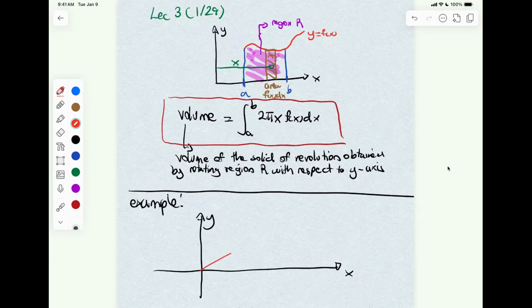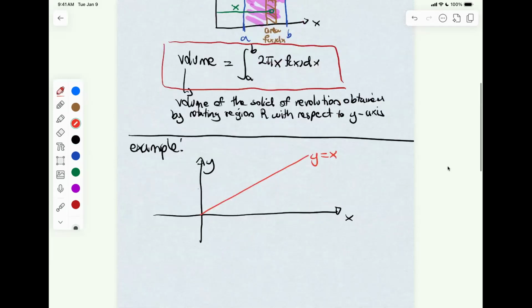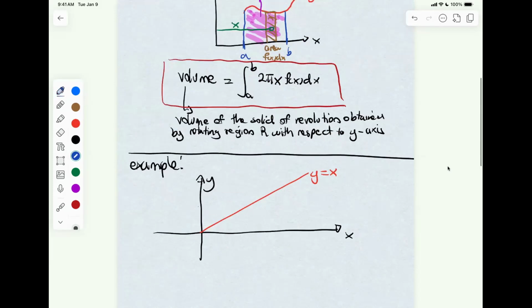Let's say I have the graph of y equals x. And again, I'll choose two points A and B, which is here.